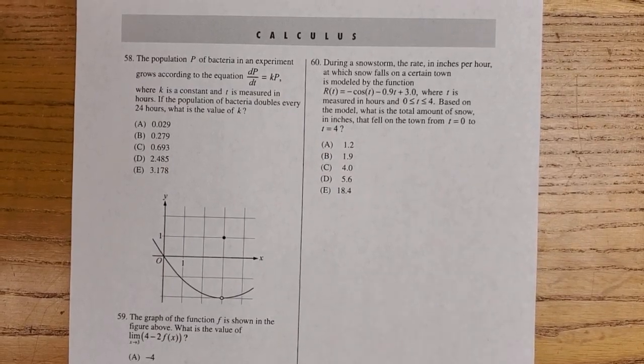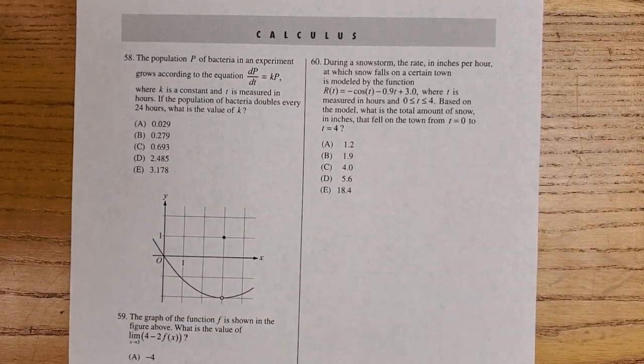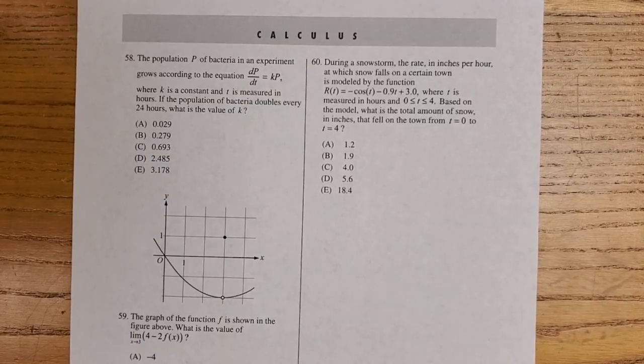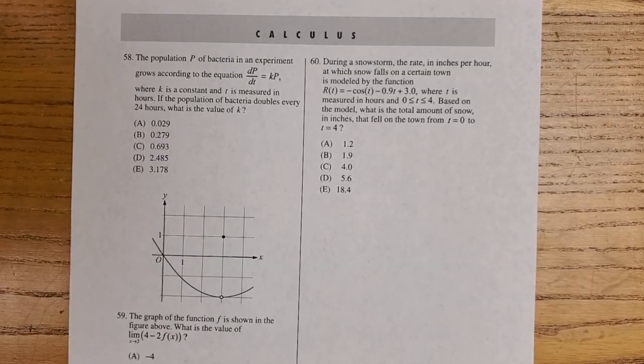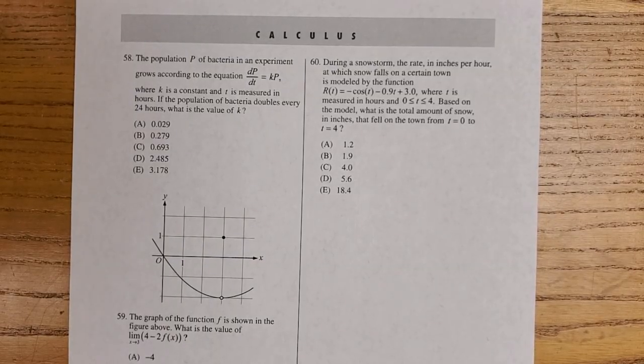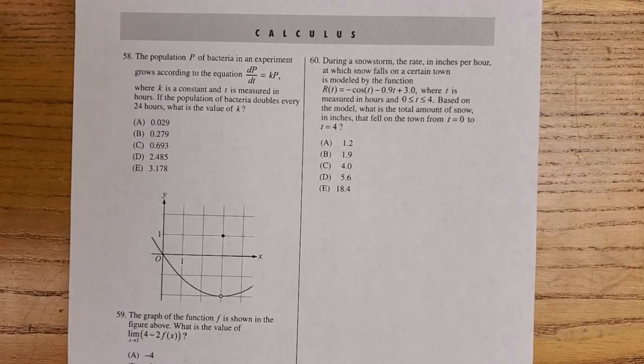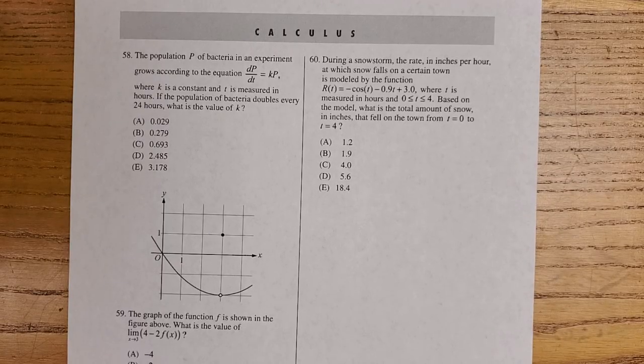Okay, number 58, the population P of the bacteria in an experiment, just some population, doesn't matter, it's bacteria, and it's growing according to the equation dP over dt. That's the slope.